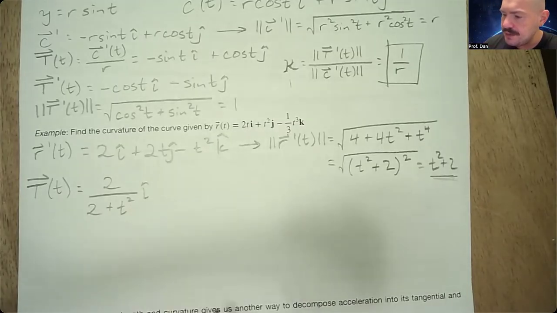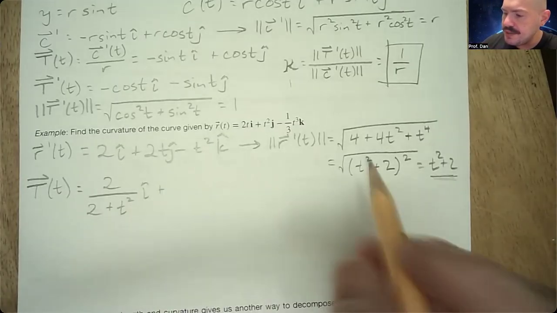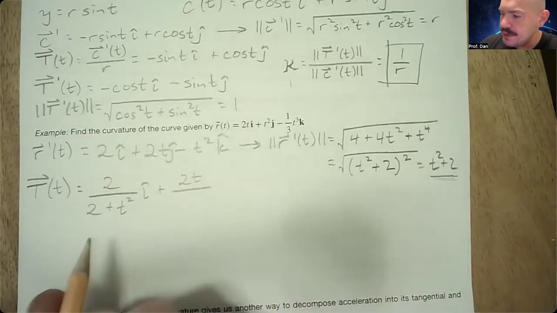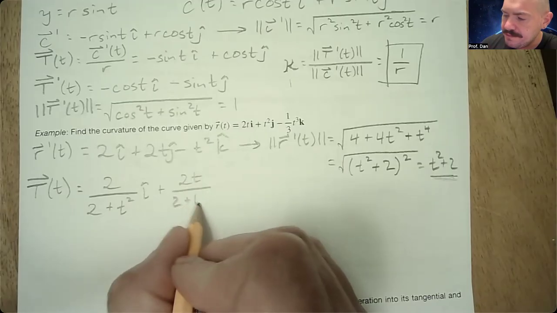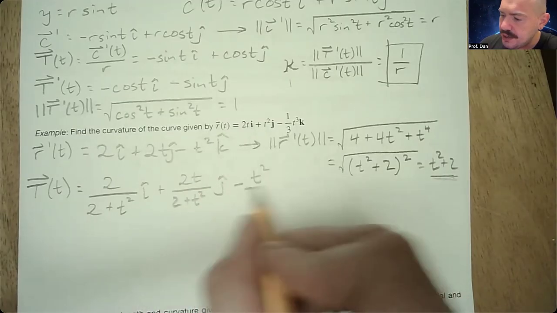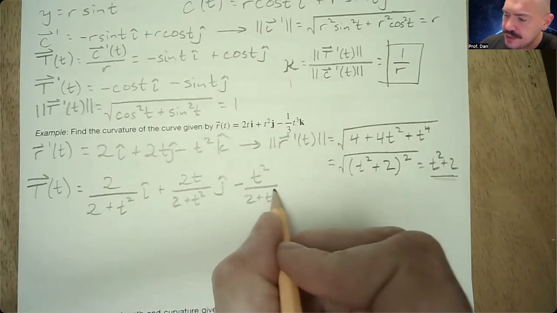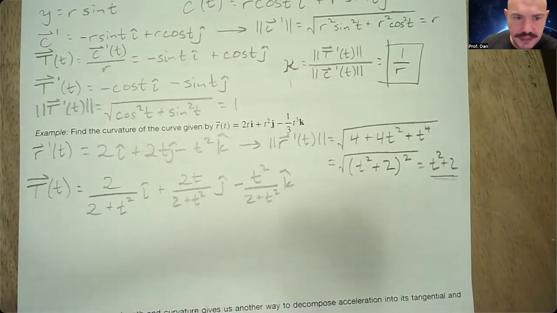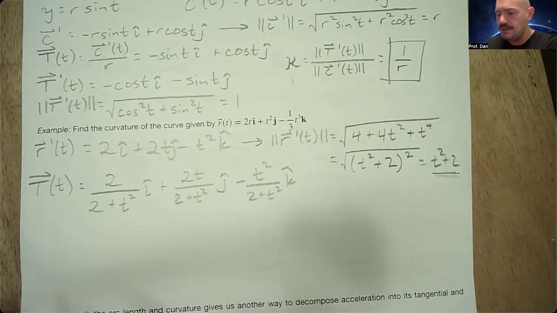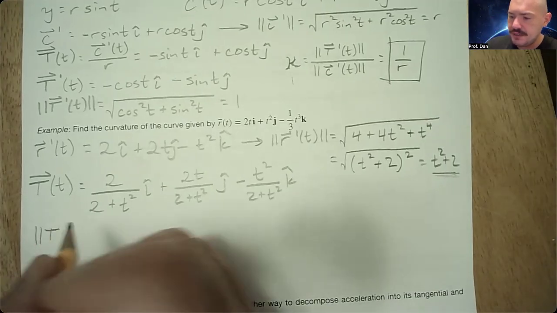That's the i component, plus 2t over 2 plus t squared. That's the j component, minus t squared over 2 plus t squared. That's the k component.